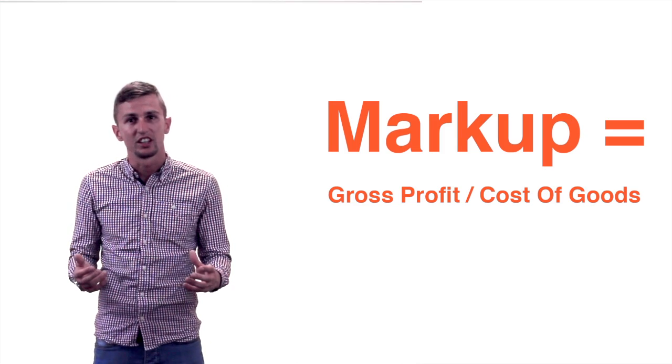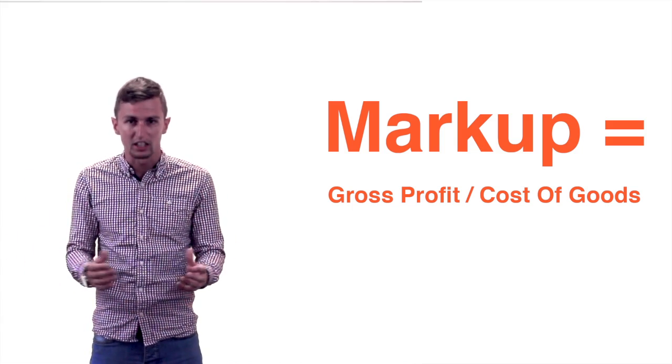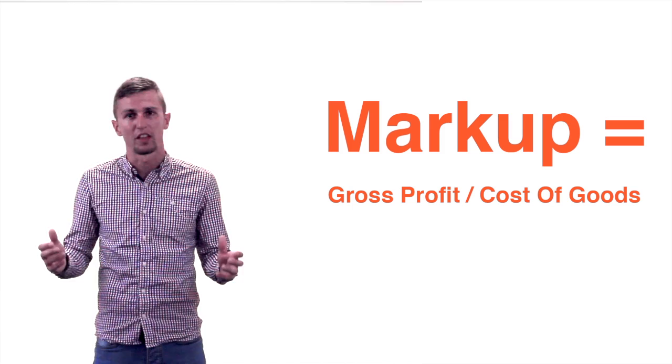And next we're going to, in step 2, take something a little bit more complicated, which is using the profit margin figure that you've come up with and turning that into a markup figure. So markup is expressed as a percentage, it's your gross profit number expressed as a percentage of the cost of that profit.